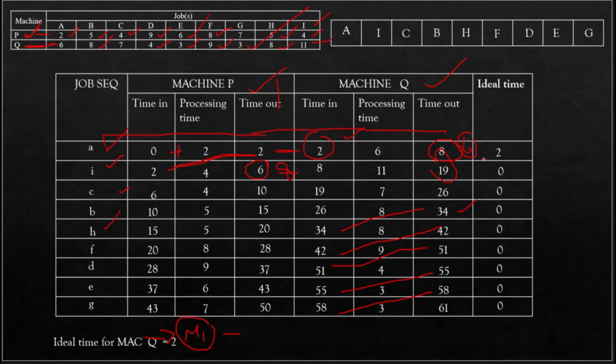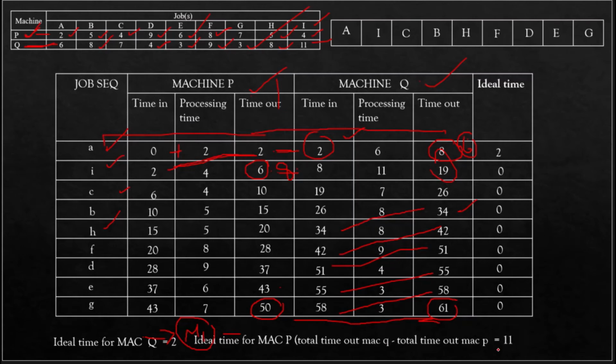Okay, now we want to know the idle time of machine P. Simple, we have the total processing time of machine P, and the total processing time of machine P along with Q. If you subtract the machine P total processing time from this, we will get 61 minus 50, which is 11 hours.